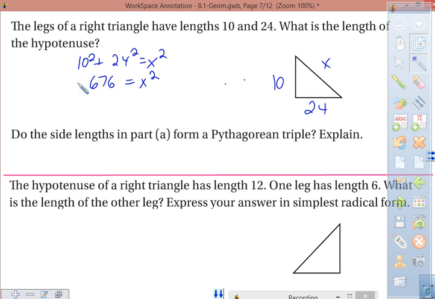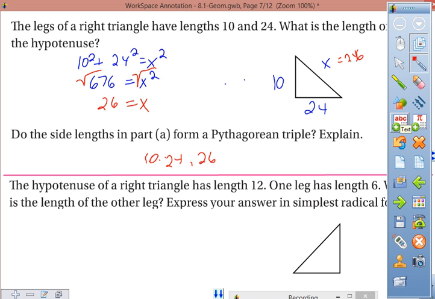Take the square root, and I get 26. So the question below says, are they a Pythagorean triple? Our sides are 10, 24, and 26. So yes, they are a Pythagorean triple because they are all integers.